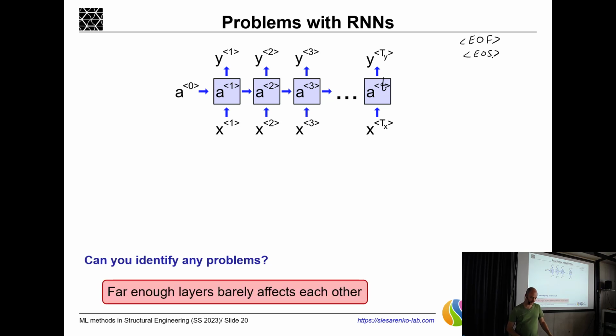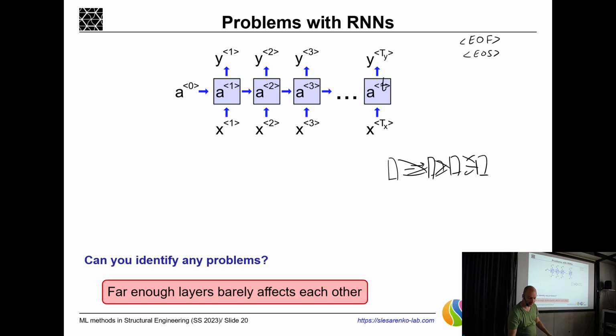Can you identify any problem? Far enough layers barely affect each other. So remember when we talked about classical architectures, the dense layers, and we mentioned a little bit of backpropagation.